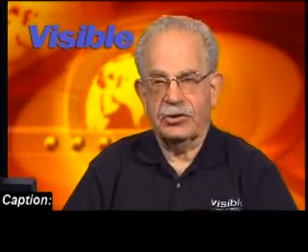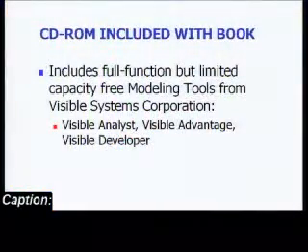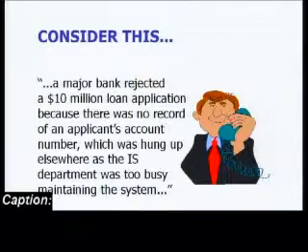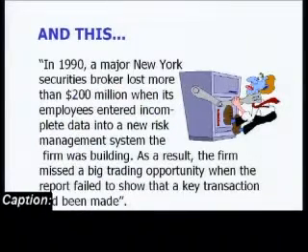I'd like to finish this overview by sharing with you a number of interesting anecdotes that have been experienced by enterprises throughout the world. Consider this: a major bank rejected a $10 million loan application because there was no record of an applicant's account number, which was hung up elsewhere as the IS department was too busy maintaining the system.